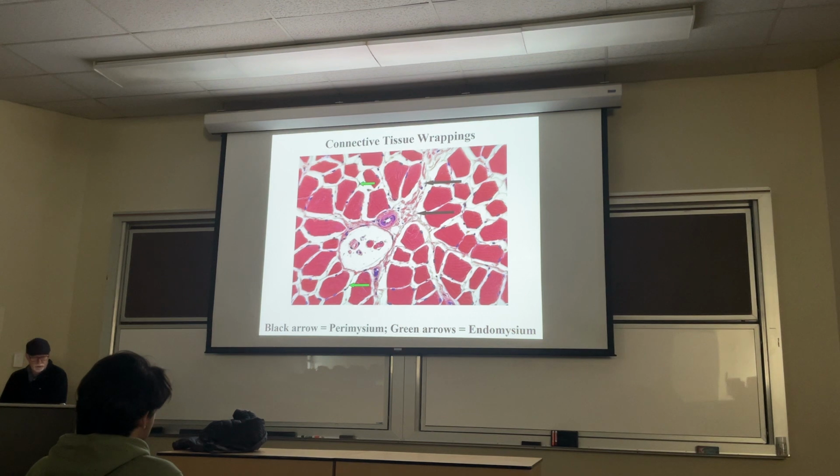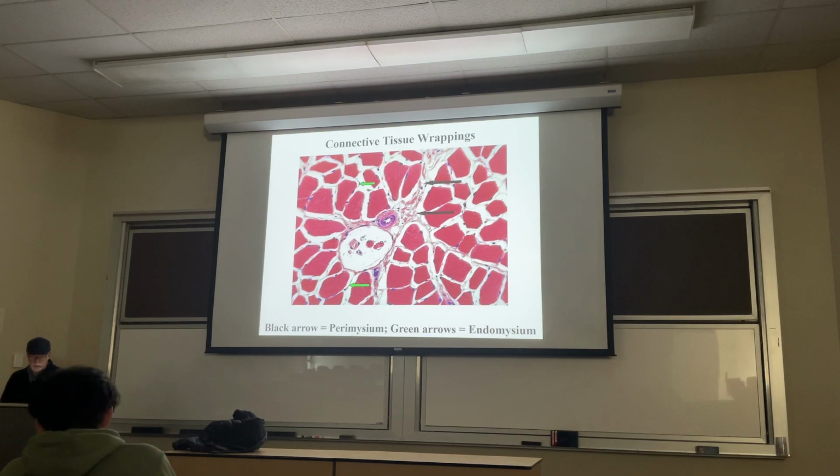This is connective tissue. If you have connective tissue around an individual muscle cell, it's called endomysium. This connective tissue would be endomysium. If you have one around a whole bundle, it's called perimysium. What do we have here in the connective tissue?